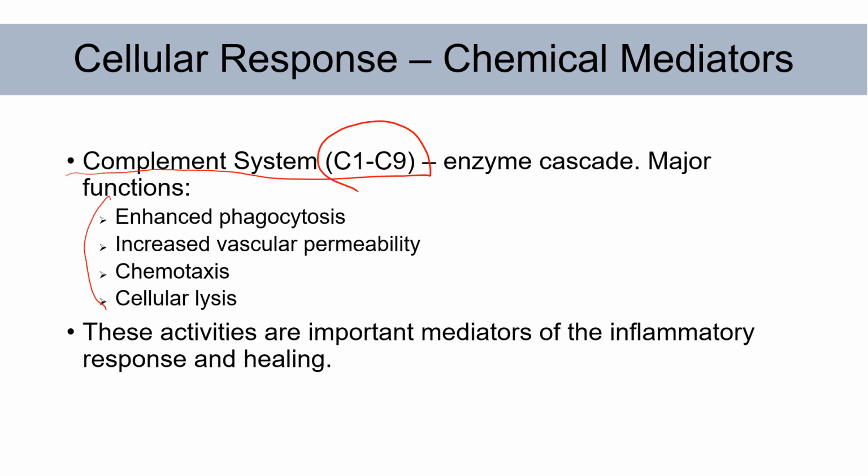It's going to also increase that vascular permeability, chemotaxis, cellular lysis. So these enzymes are running the show. They're telling other cells to do things. They're sending the message, hey, we need more of this, please do this. So very important. So all of these activities here, they are very important mediators of an inflammatory response and healing.